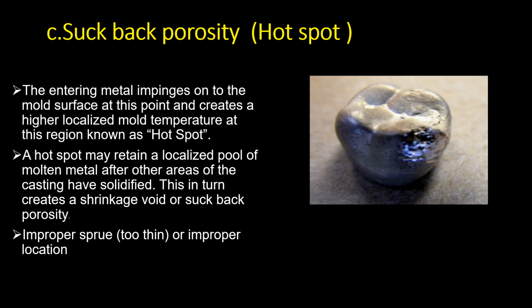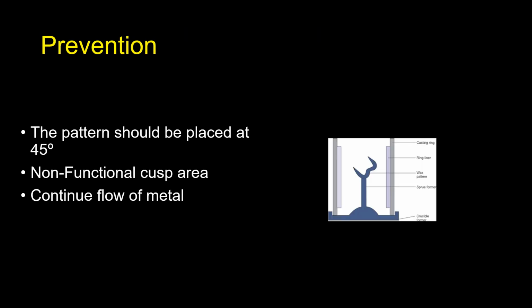This porosity is otherwise called hotspot porosity. How to prevent it? This suckback porosity can be prevented by attaching the pattern and the sprue at a 45-degree angle. We are not supposed to attach the sprue in the functional area. We need to attach the sprue at the non-functional cusp area, and the flow of metal should be continuous.